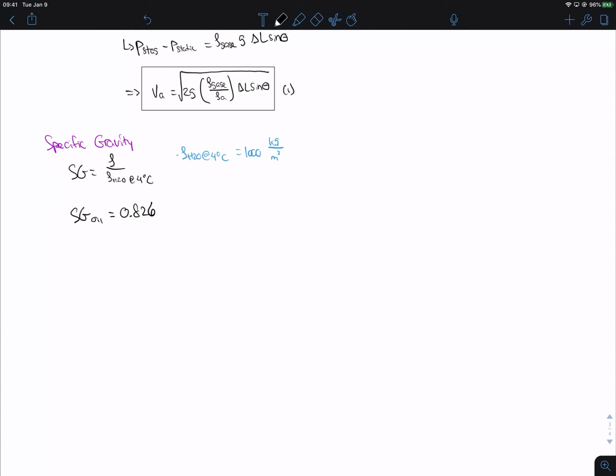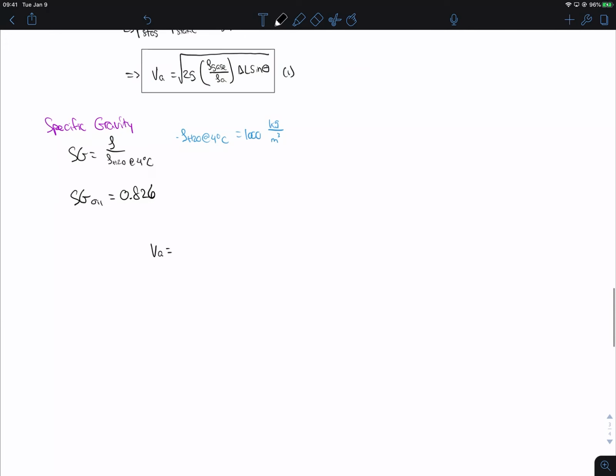So this one here, we'll now see that the airspeed is equal to 2 times the gravity times the specific gravity of our gauge fluid multiplied by the density of water at 4 degrees Celsius divided by the air density times delta L sine of theta, and that's going to be the square root. Alright, so let's box this one now.